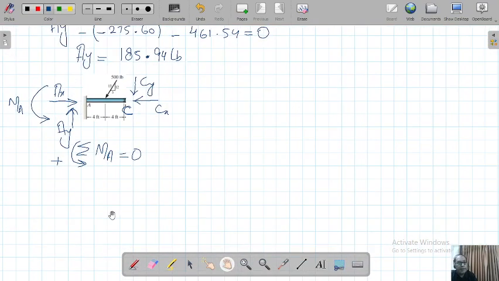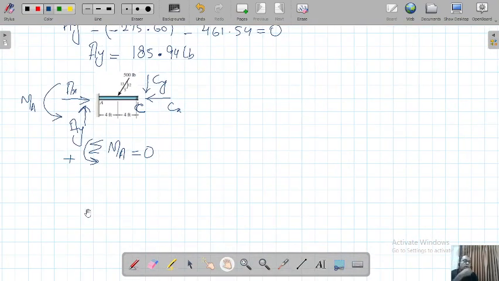For this member AC, remember at A the forces will be 0 but the moment will always be active, because a couple moment is basically a free vector. Ax, Ay will be 0, and you can calculate Ma, because a moment can never be 0 at a specific point.